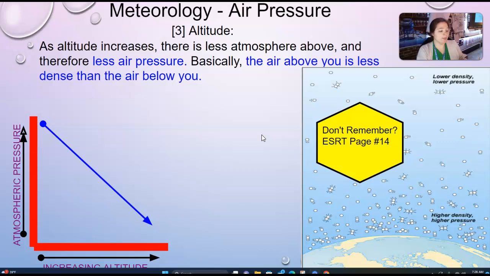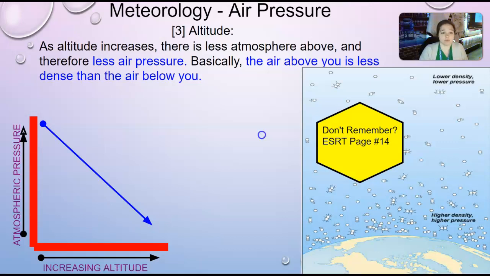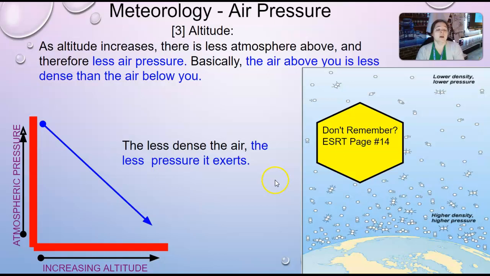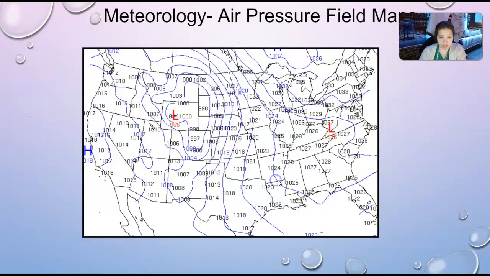You can see that as you go up in the atmosphere, it will decrease. Again, I really want to stress, look at the bottom where it has 0 over here and 1 over here, and those are atmospheres. As you come down in the atmosphere closer to the surface, you have an increase in pressure. And that's because the less dense the air, the less pressure it exerts.